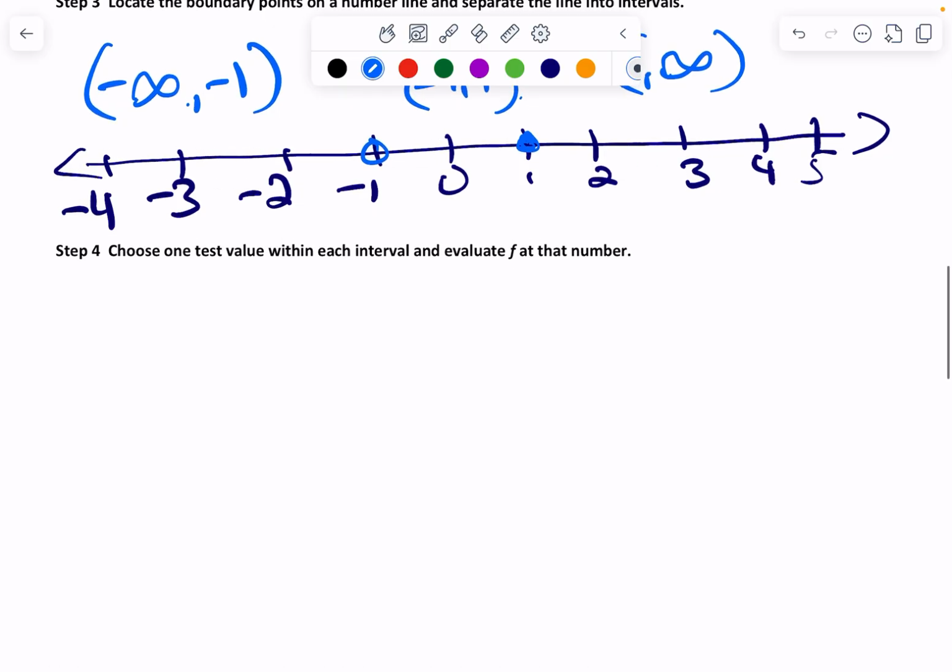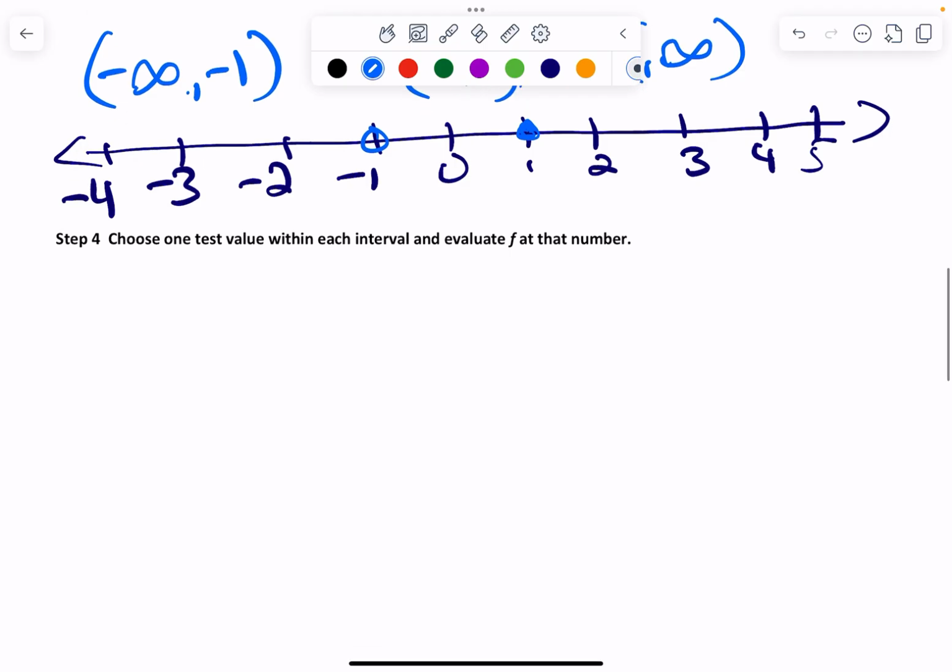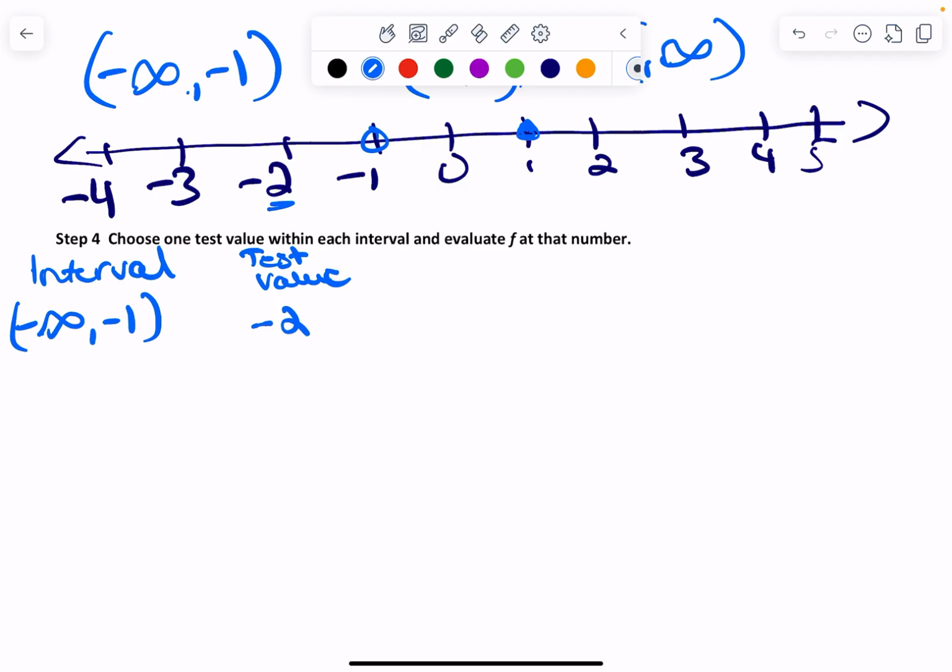Next, we're going to choose one test value within each interval and evaluate f at that number. We're going to start with the first interval, negative infinity to negative 1. The easiest number there is negative 2, and we're going to plug it in. So f of x equals x minus 1 over x plus 1. So f of negative 2 equals negative 2 minus 1 over negative 2 plus 1.